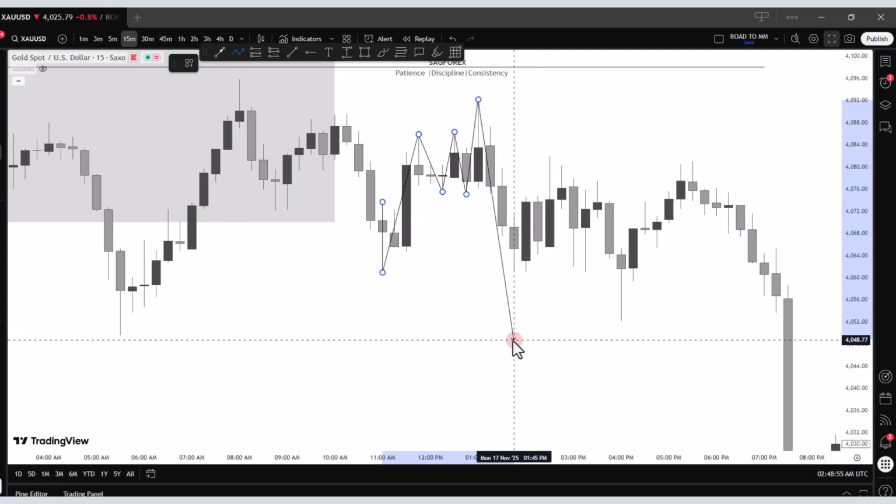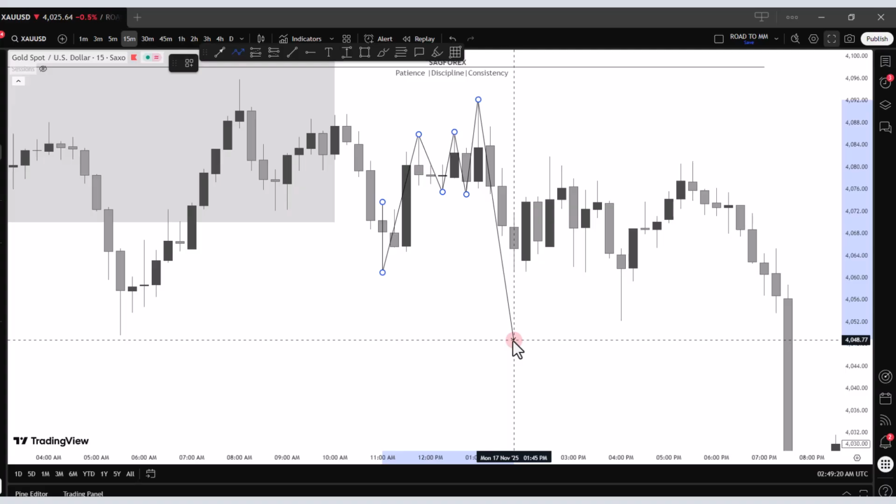But one thing I also want to let you know is when you are marking the swing highs in the market, it's not advisable to mark two swing highs before you mark a swing low. The way market moves, it will always give you swing high, swing low, swing high, swing low, or swing low, swing high, swing low, swing high.